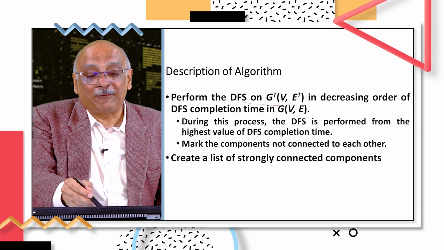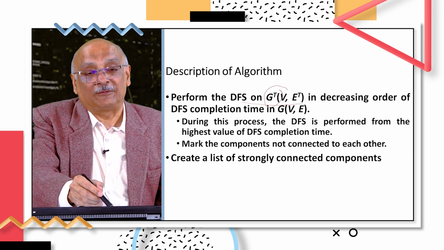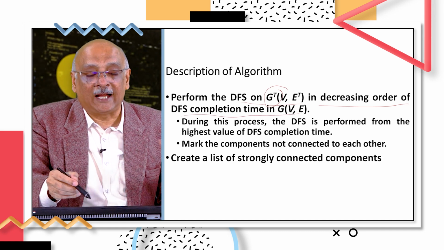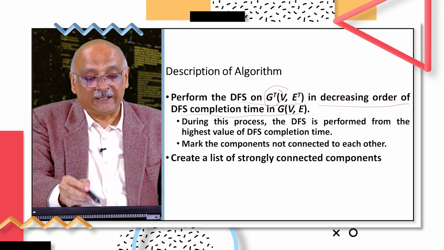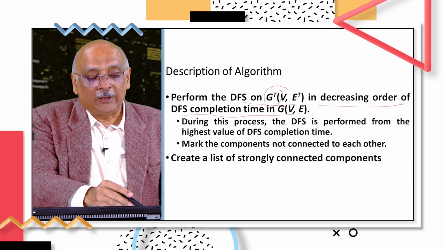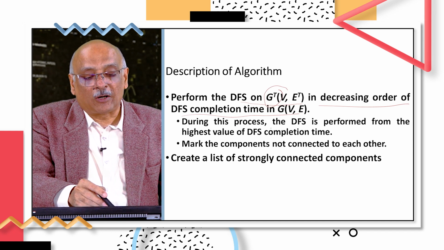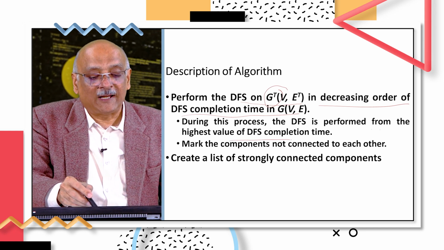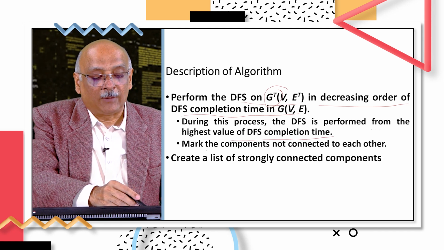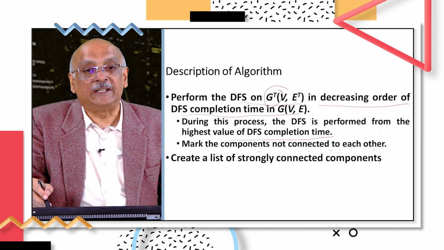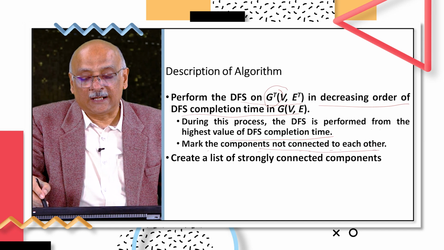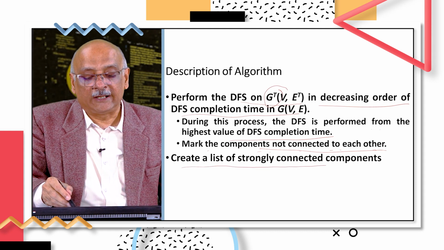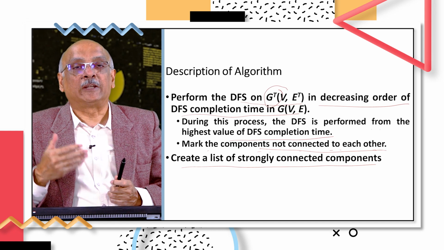Now perform the DFS on the transposed graph in the decreasing order of DFS completion time in graph G. During this process, the DFS is performed from the highest value of DFS completion time, and mark the components not connected to each other. Once you mark these components, create a list of strongly connected components in that way.